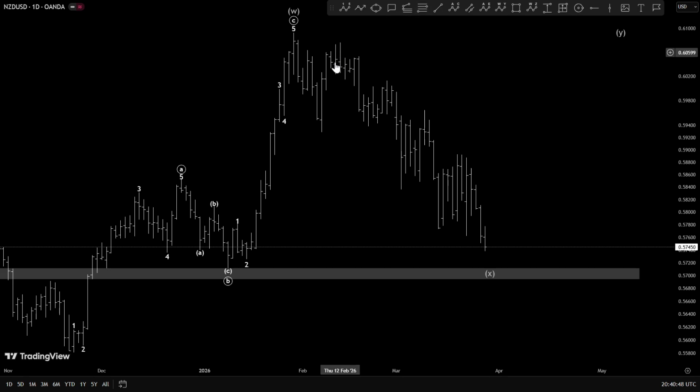And what we have on this chart right now is what is called a triple three pattern, which we start here, A, B, C. This is a clean corrective structure, which is 3, 3, 5. This is a flat pattern.